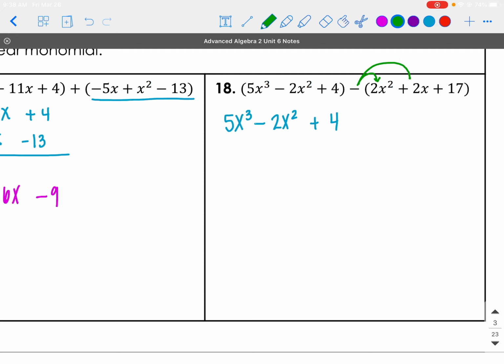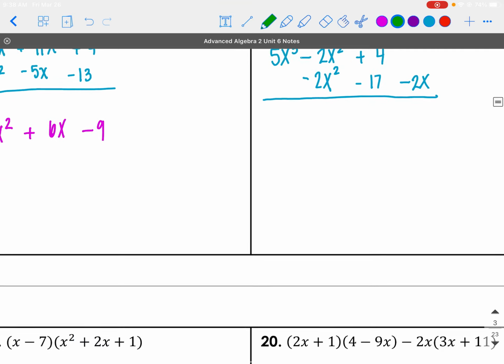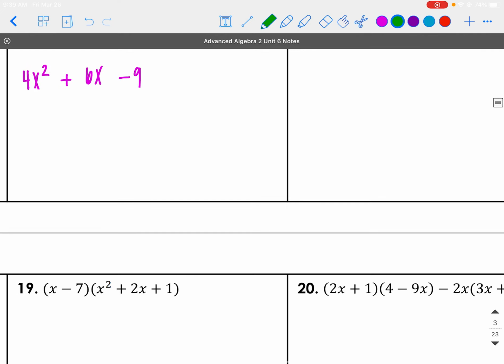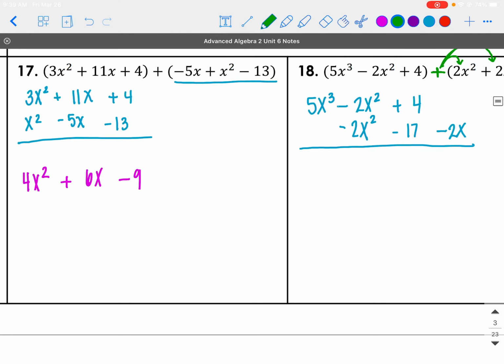And when you do subtraction, you have to distribute that negative, making this a negative 2x squared, a negative 2x, and I'm just going to write it out here because I don't have any other like terms, and a negative 17. When you distribute, that makes it a plus. If you distribute, you don't still subtract. The distributing takes away the subtraction and makes it an addition.